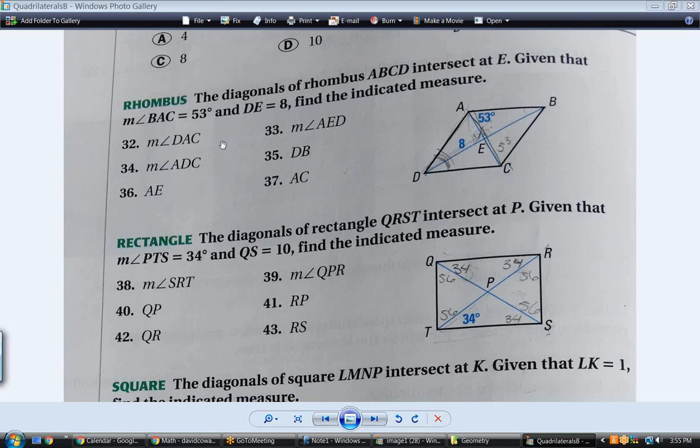Angle D and angle A have to be what? Supplementary. I just subtracted 106 from 180 and divided it by 2 and got 37. Well, angle D in general is supplementary with angle A. This angle that's labeled 53 here, angle A, is actually 106.